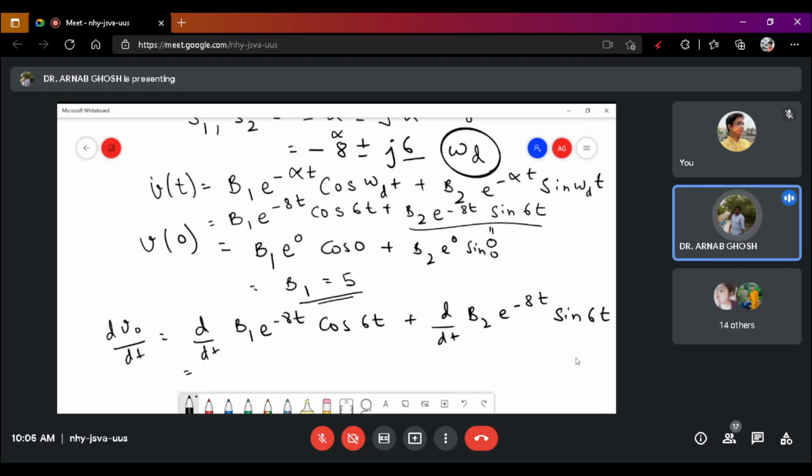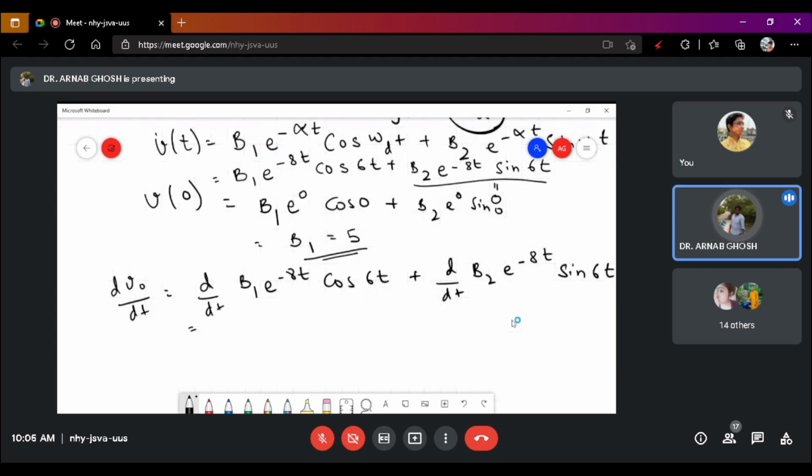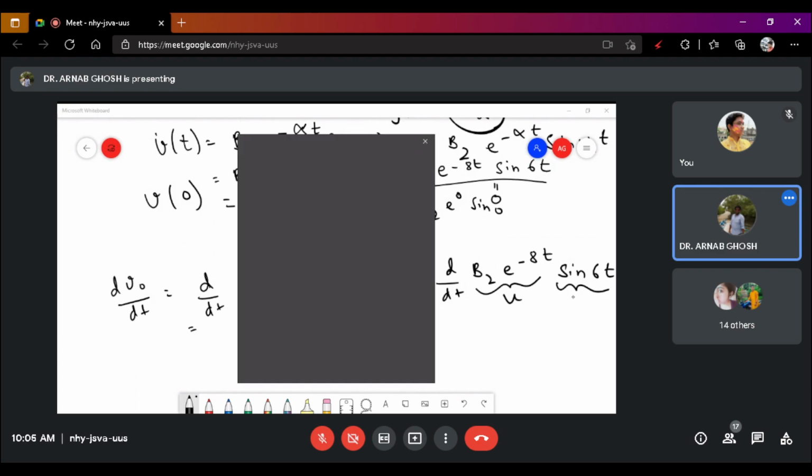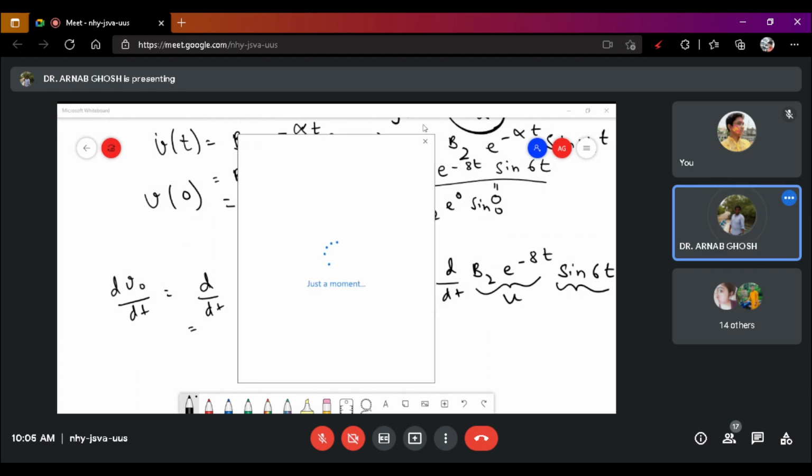If you separately differentiate this, both are u and v. Here this is your u, this is your v. Correct?